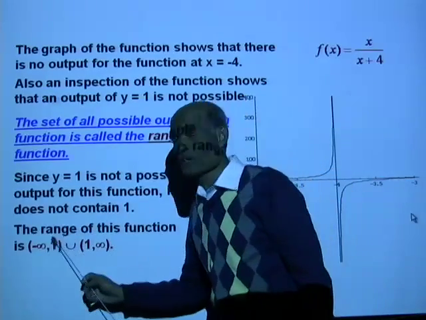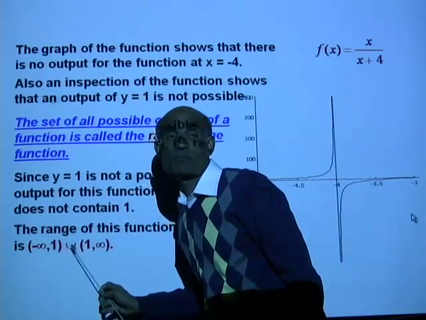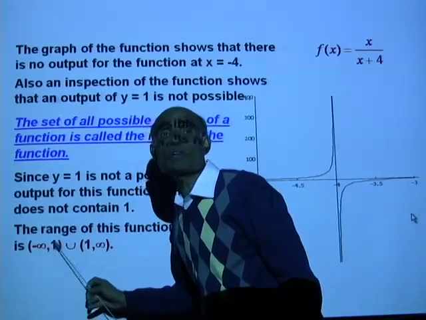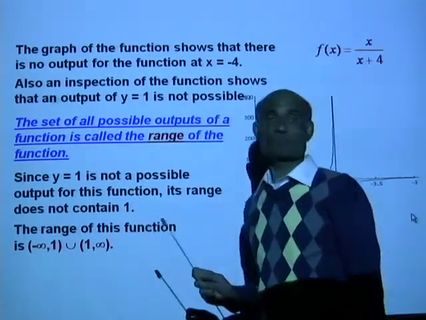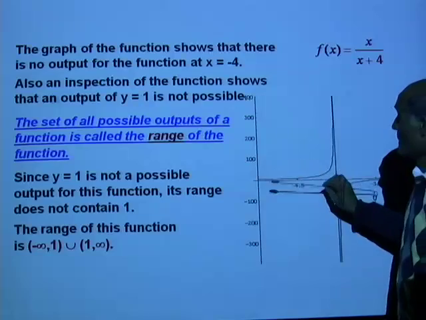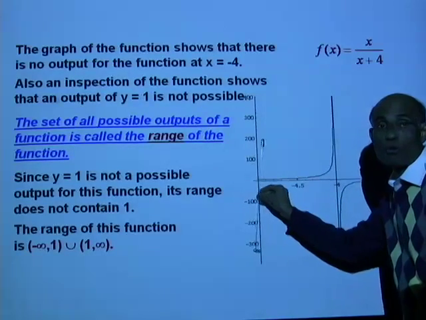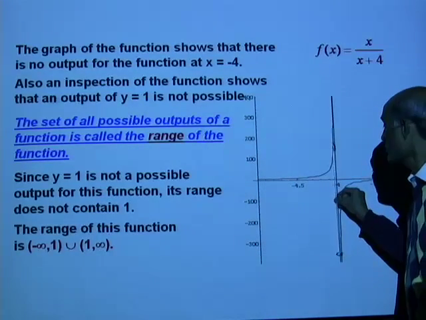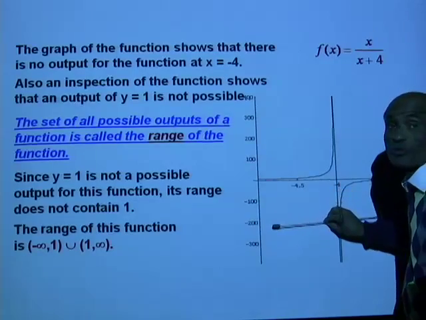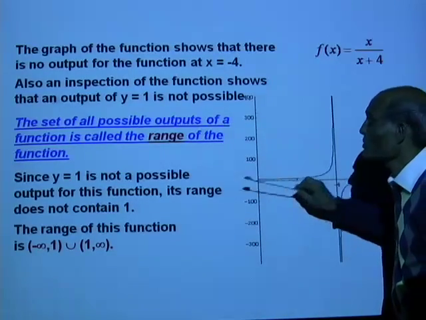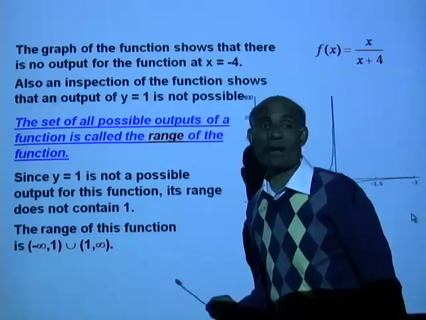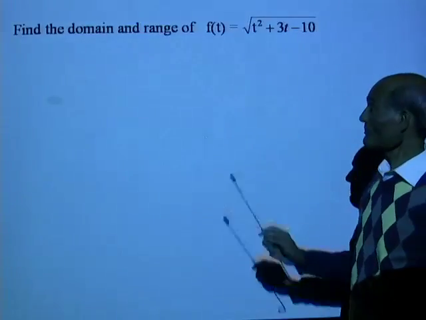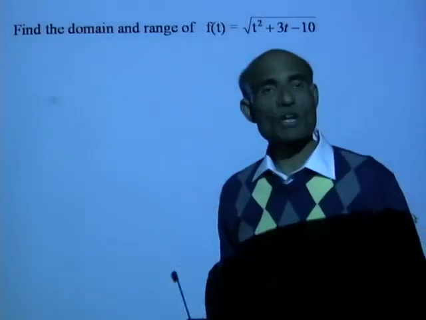I'm sorry, not the domain. The range does not contain 1. It contains all real numbers except 1. So, the domain is the set of all real numbers except x equal to -4. And the range is all real numbers except y equal to 1. Okay, let's look at another function.